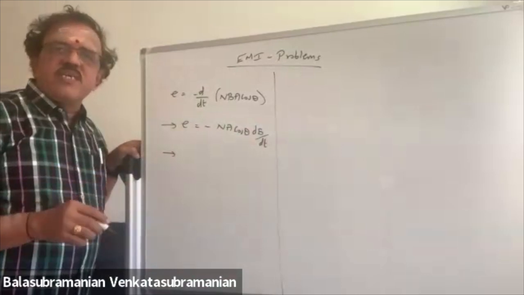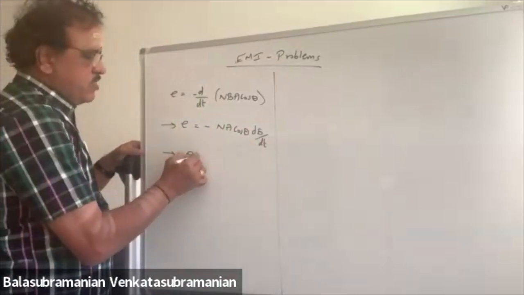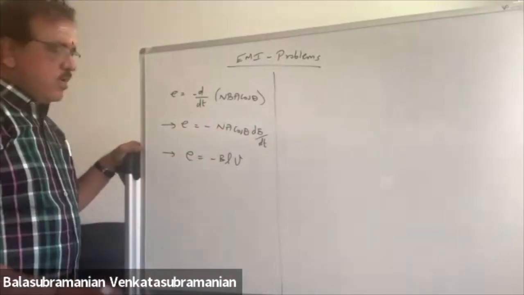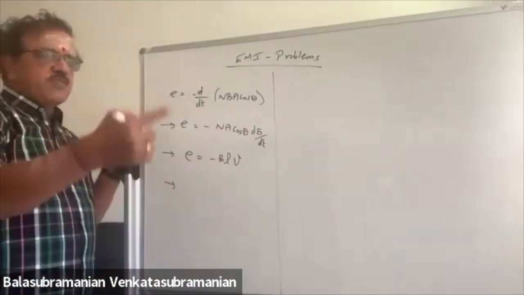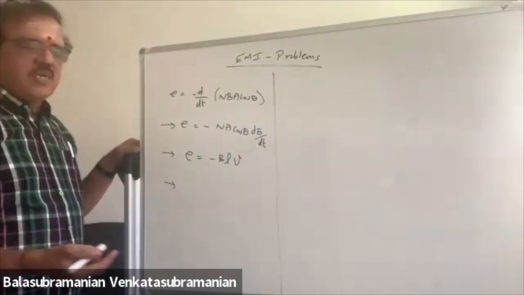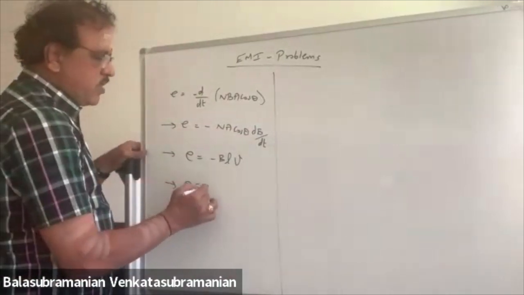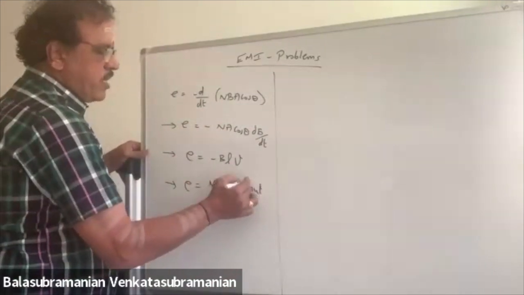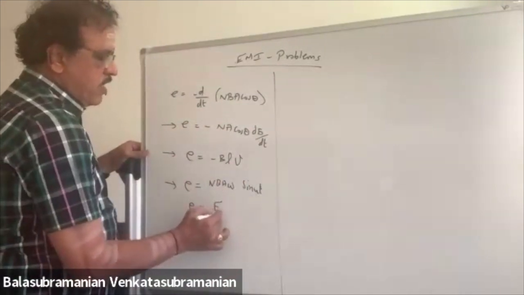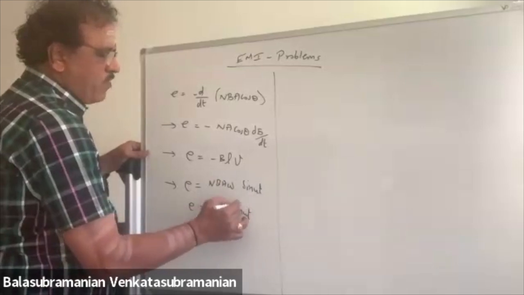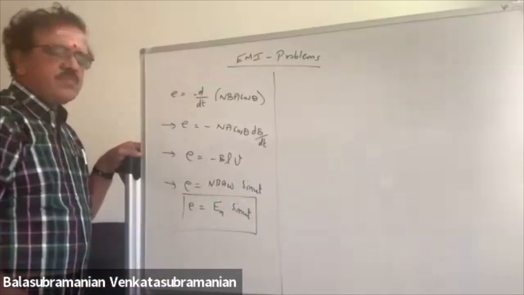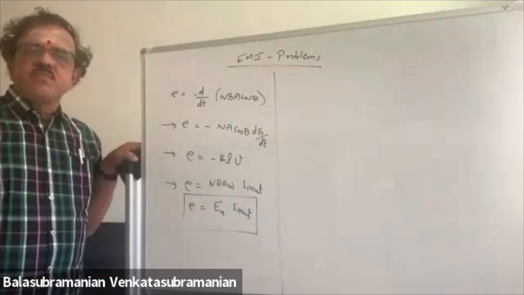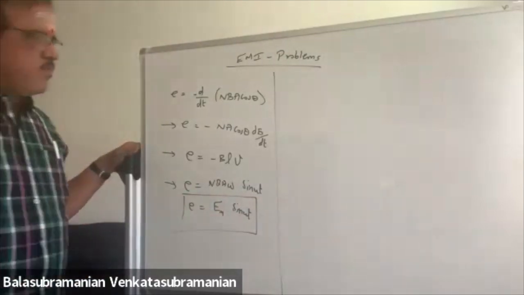If the area enclosed by the coil changes, E is equal to minus BLV. For orientation of the coil, that means when the coil is rotated, the induced EMF is E is equal to NBA omega sin omega t. That is Em sin omega t. Em or Vm, anything you can write, is the maximum value of induced EMF. Okay, fine.